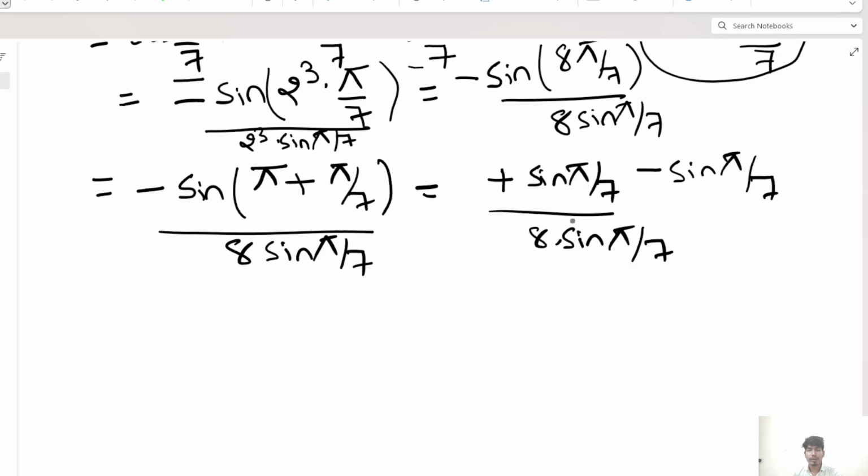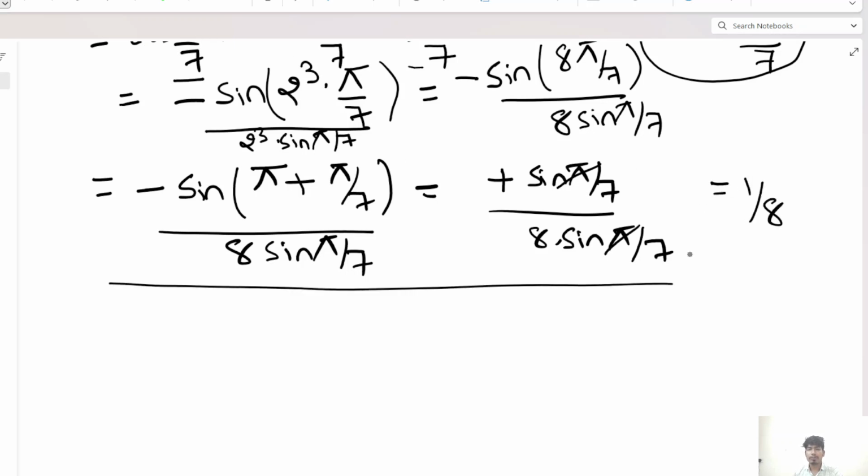Sine pi by 7 cancels with sine pi by 7 and we get 1 upon 8. So the value of the simplification is 1 upon 8.